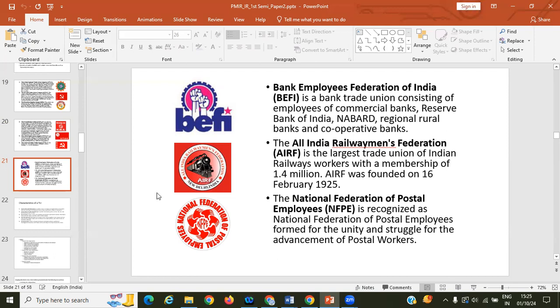Their main objective is to solve problems and protect the interests of the members. As you understood, there are many areas where they can work for the members, and they also maintain the members' records, their name, age, everything. That is also one area where they work.